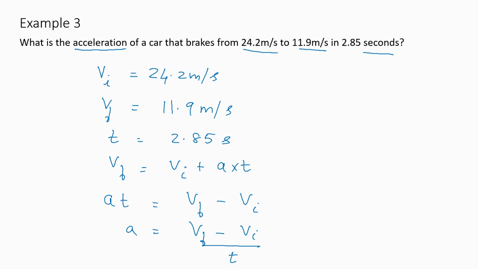Here we kept A times t on the left hand side and moved Vi to the right hand side. So substituting the values, we get Vf is 11.9 minus 20. Sorry, that was a mistake. Let me correct it.